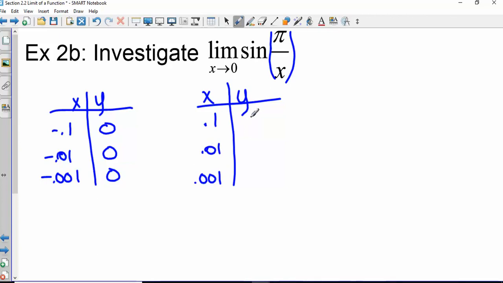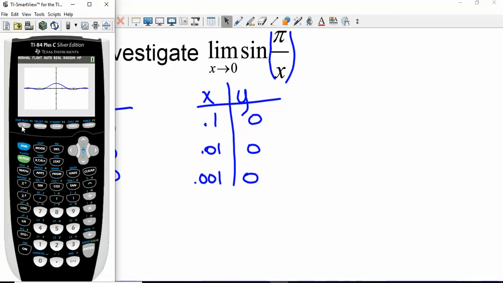Okay, do we get the same when we put in the positives? Okay, so this tells me it's always 0. If I graph this, here's my graph.